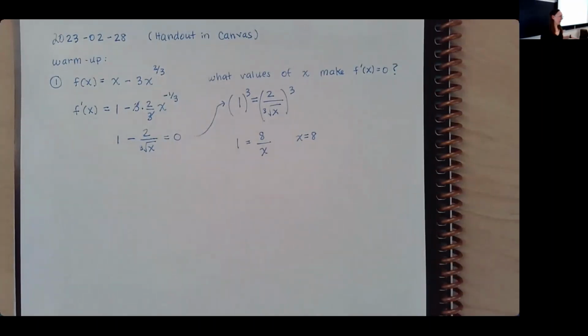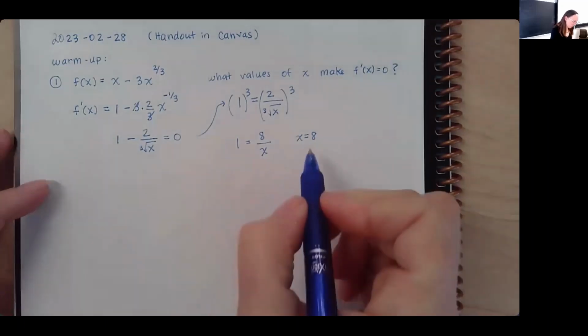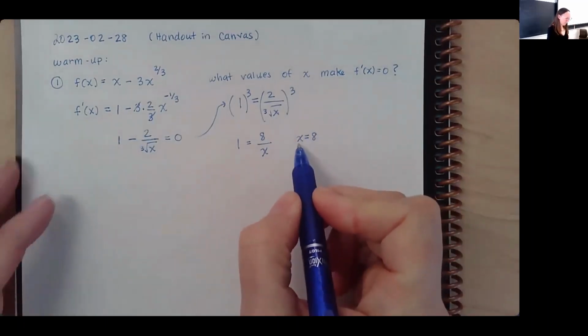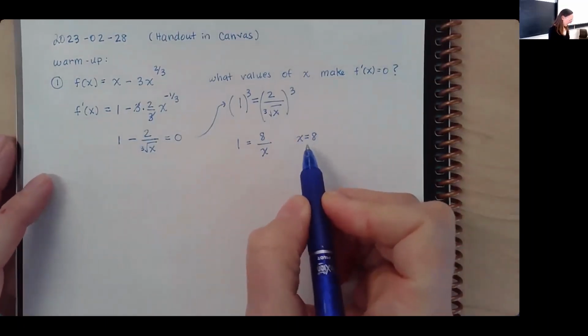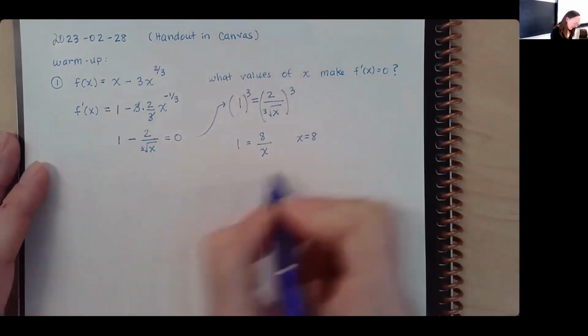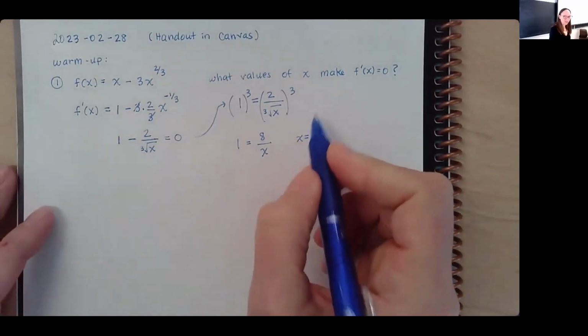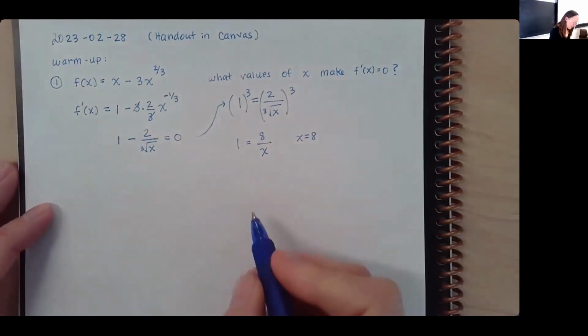Now I know that not everybody has talked about this yet, but some of the sections have gotten to talking about increasing and decreasing functions. And all that means is, is the derivative positive or is it negative? So for x equals 8 here, that's the only place where my derivative is actually equal to 0.